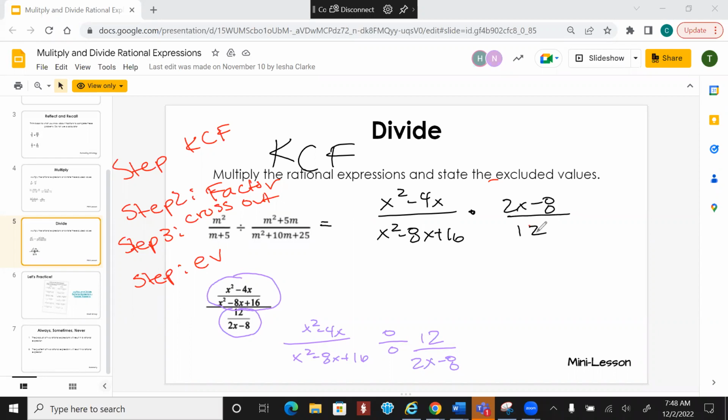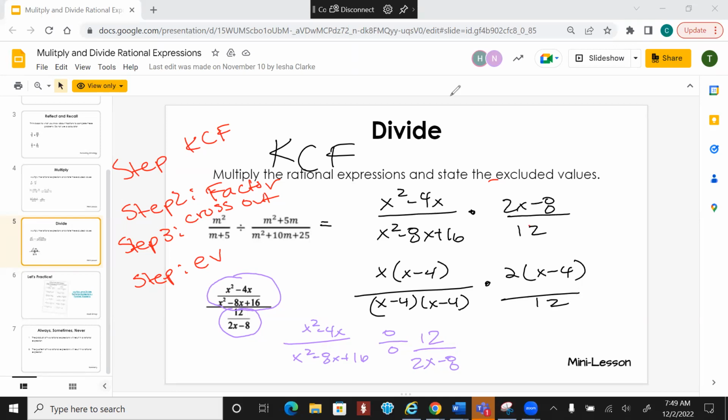I'm going to factor. So in this top part, I'm going to get x times x minus 4. In the bottom, I'm going to get x minus 4 times x minus 4. Over here, I'm going to get 2 times x minus 4. And in the bottom, I'm going to have 12.